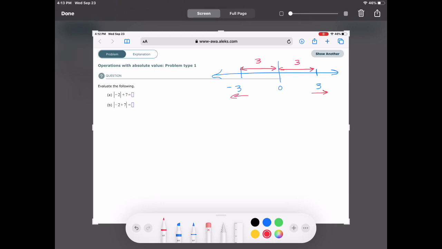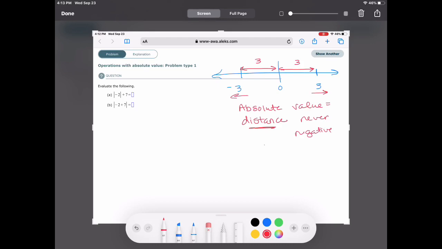So when I'm talking about absolute value, I don't care about the direction. It's just the distance. If I ask you how far you come when you go from home to school, and you tell me 8 miles, and I ask how far it is when you go from school to home, you're still going to tell me 8 miles, because distance is never negative.